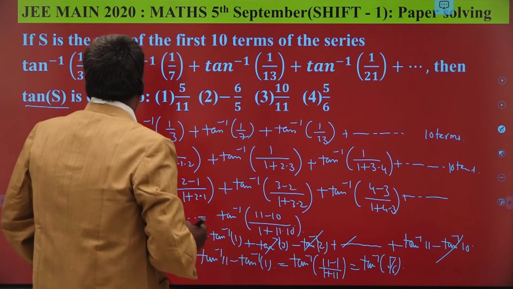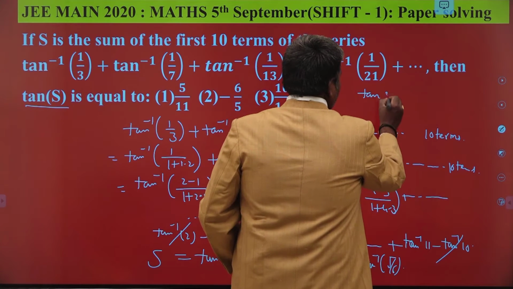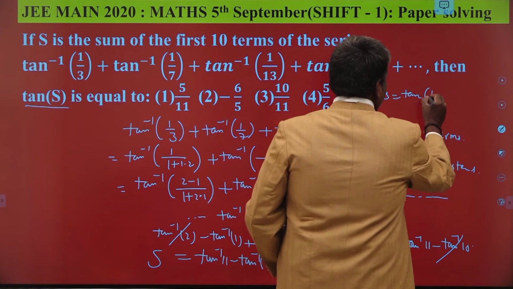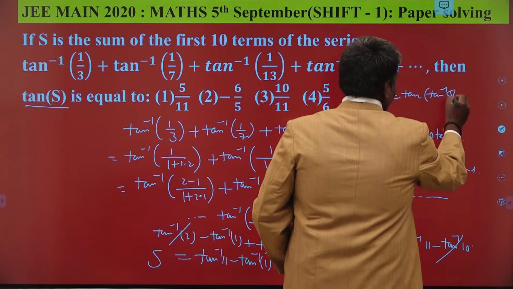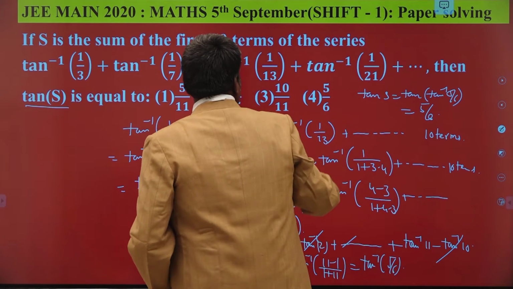We have to find the tan S value. What is tan S now? Tan S is equal to tan of tan inverse 5 by 6, which is nothing but 5 by 6. So your answer is 5 by 6.